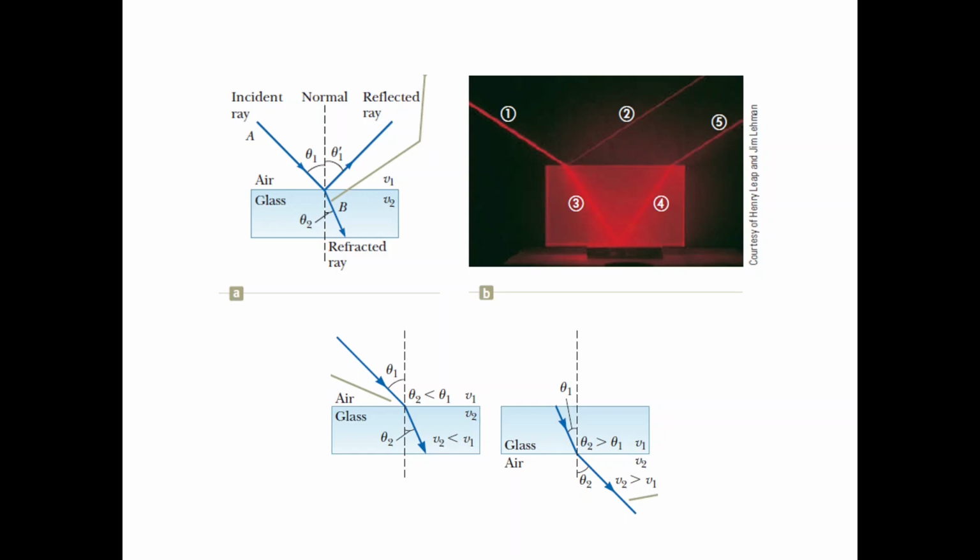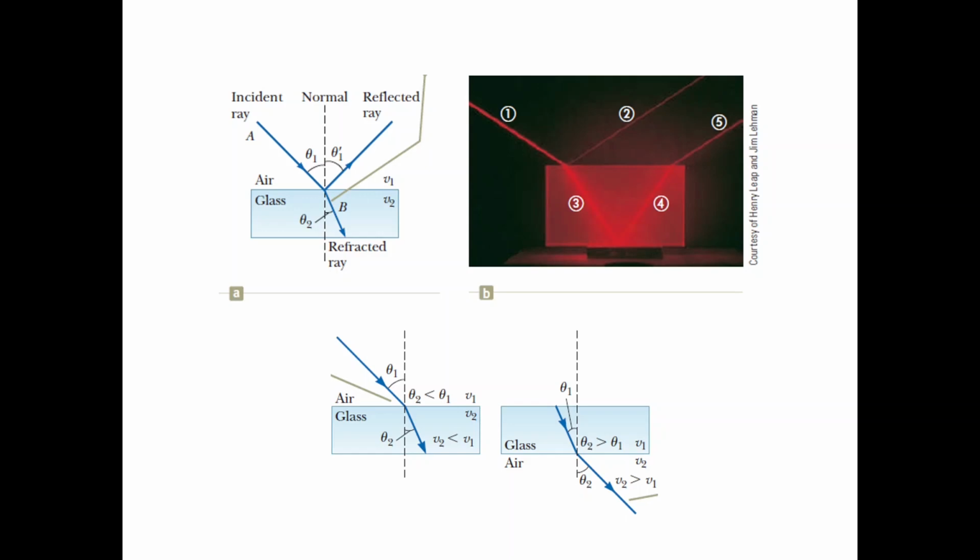Again, what we need to remember is that all of these three rays, incident, reflected, and refracted, will also remain in the same plane. They will not move in different directions with respect to this plane where the incident ray is traveling towards the interface.